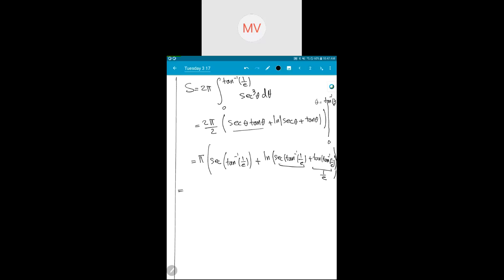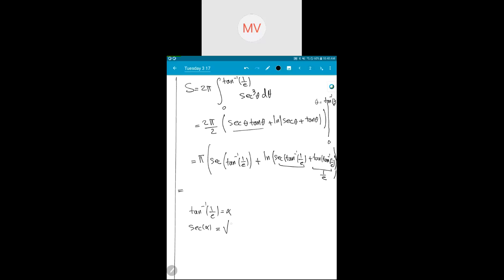And for that, we can use just a trick identity. Let's just assume tan inverse of 1 over e is, because it's sort of like an angle, let's call it alpha. That means we're looking for secant of alpha.